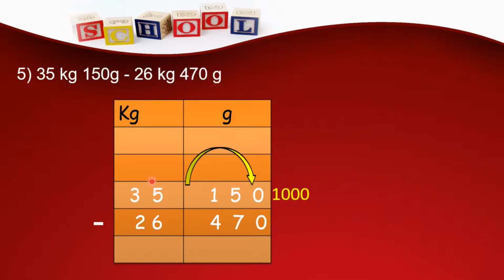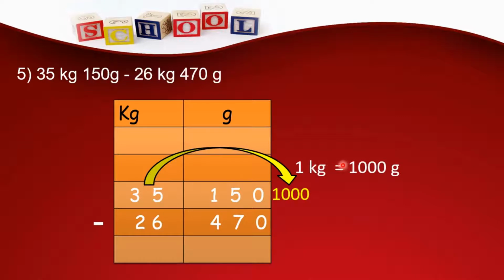We know that 1 kilogram is equal to 1000 grams. So we have borrowed 1000 grams from 35 kilograms. And we have here 150, so we will add this to this 1000 grams and we get 1150 grams in the grams column.